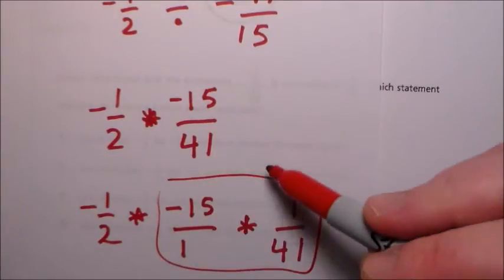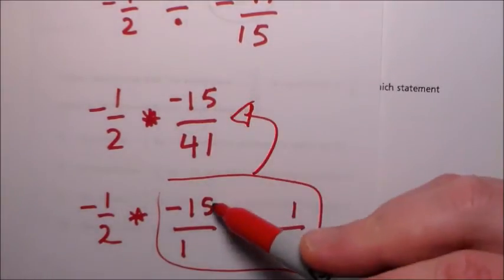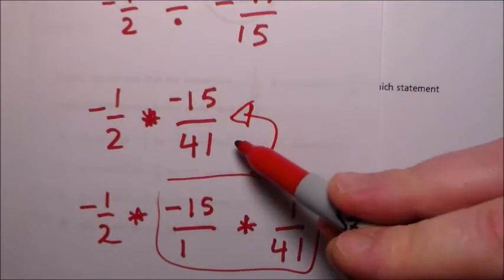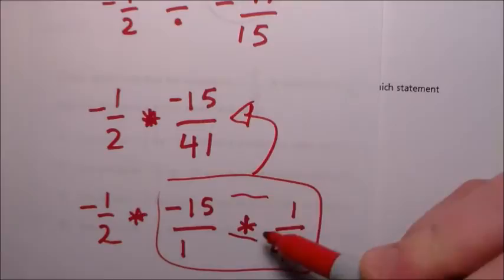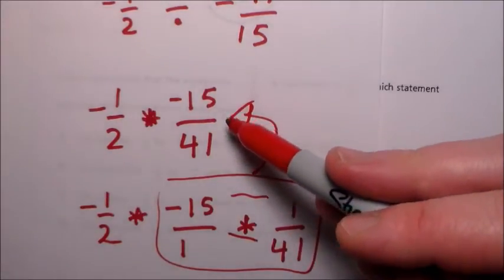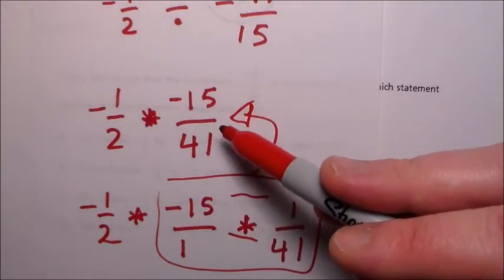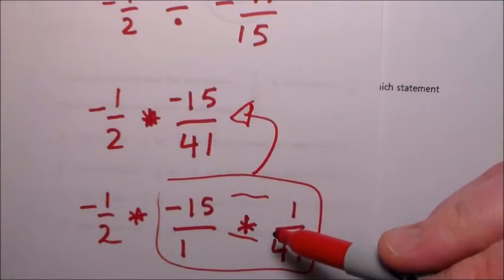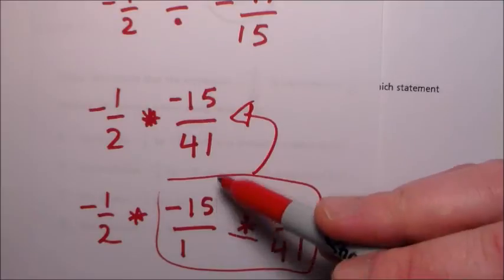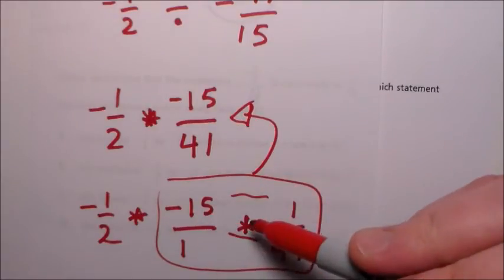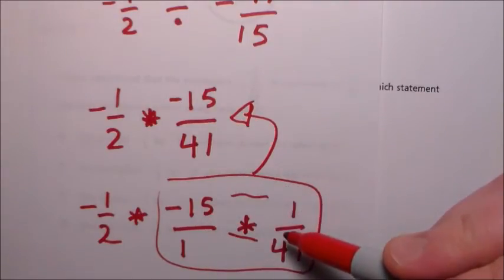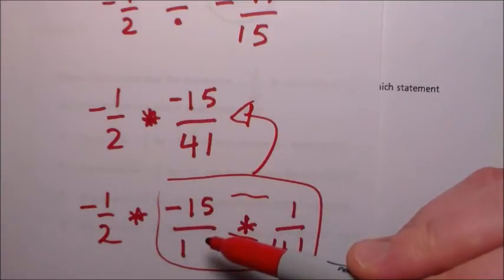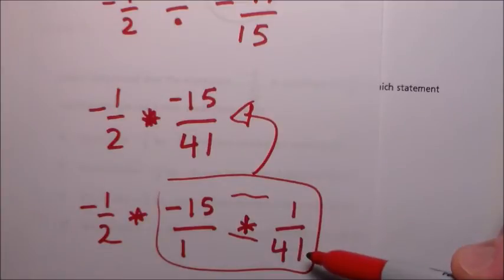Because if you multiply negative 15/1 and 1/41 together, you'll get that because you multiply the top and you multiply the bottom. But you got to be able to think of this fraction as being pulled apart into its components: the numerator over 1, and 1 as the denominator under 1. Okay, so you have negative 1/2 times negative 15/1 times 1/41.